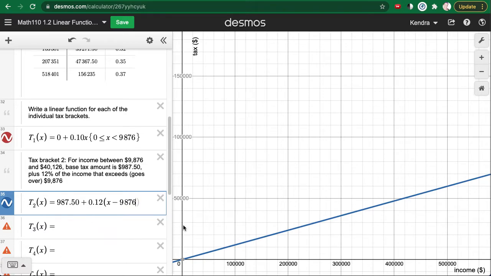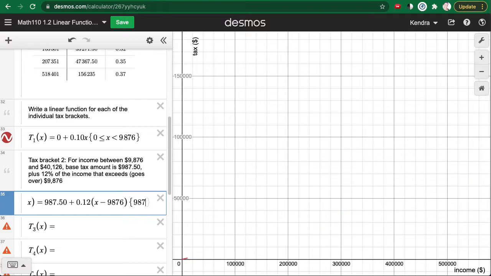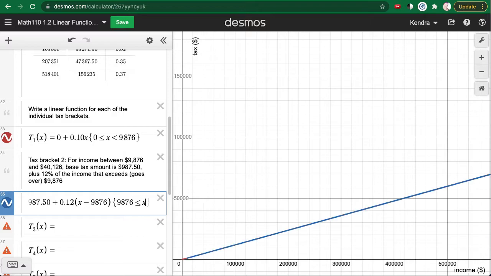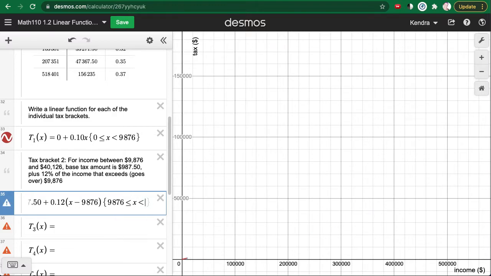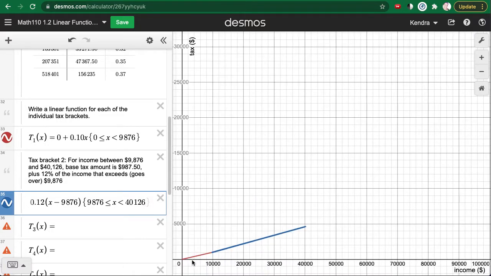Okay. Again, what we see here is this is going to be too large of a range, so I'm going to restrict the domain of this. This is for x between 9,876 and 40,126. Okay, so that is this piece here that we can see.